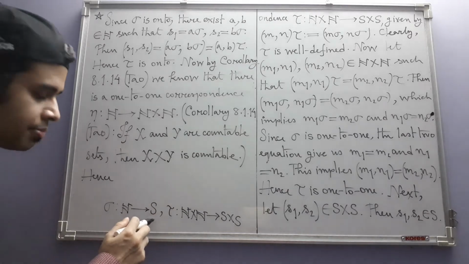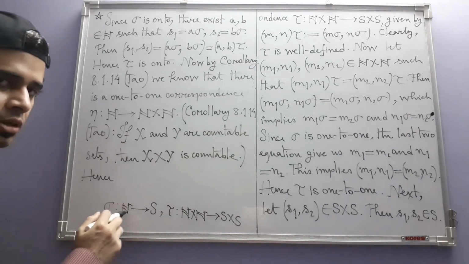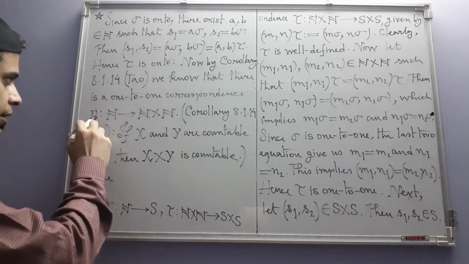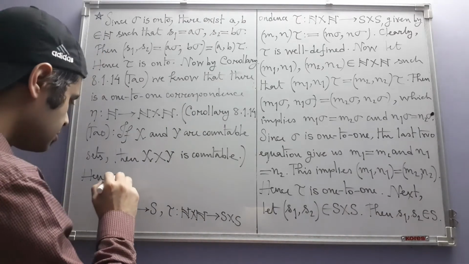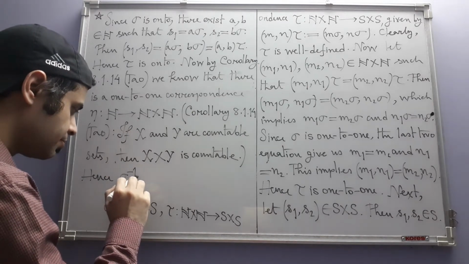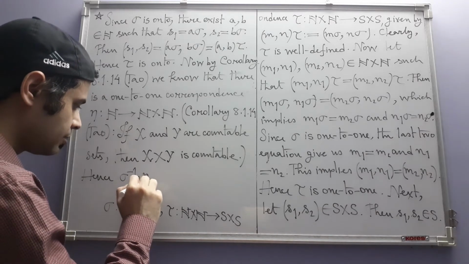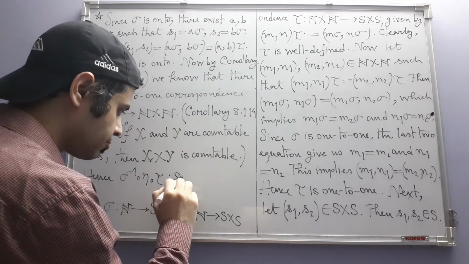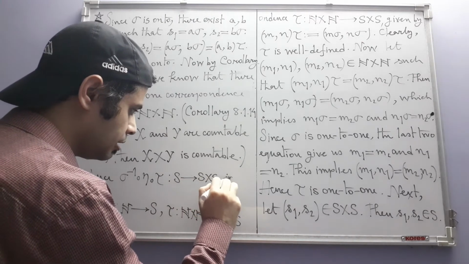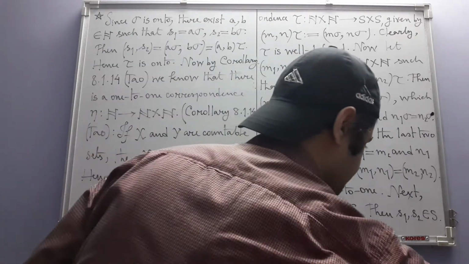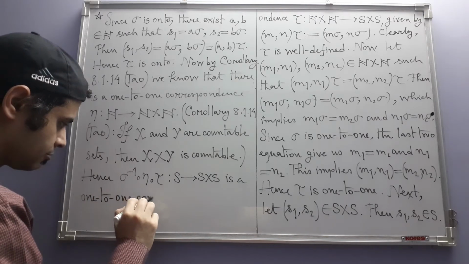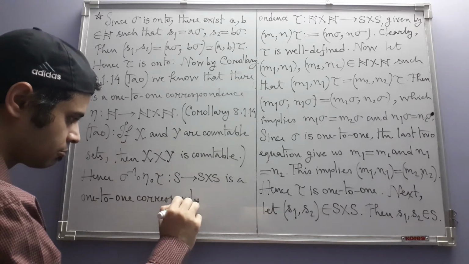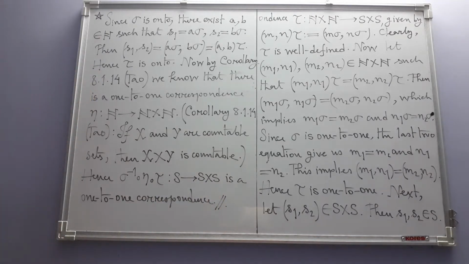Then we will start from S and we will come to N. Sigma inverse will take us from S to N. Then from there, eta will take us from N to N cross N, and finally tau will take us from N cross N to S cross S. Hence, sigma inverse composition eta composition tau from S to S cross S is a one-to-one correspondence. And there the solution ends.